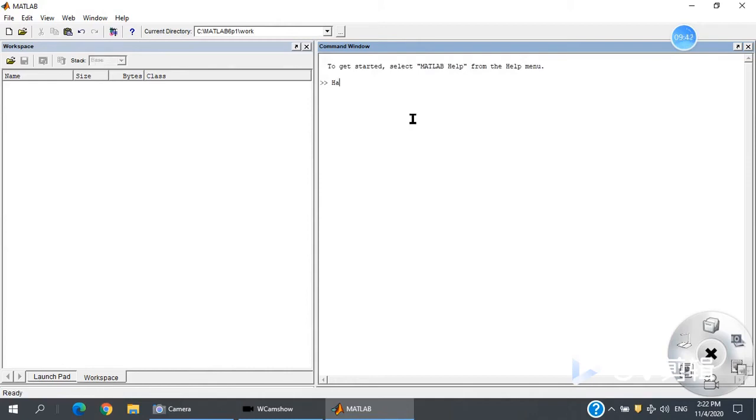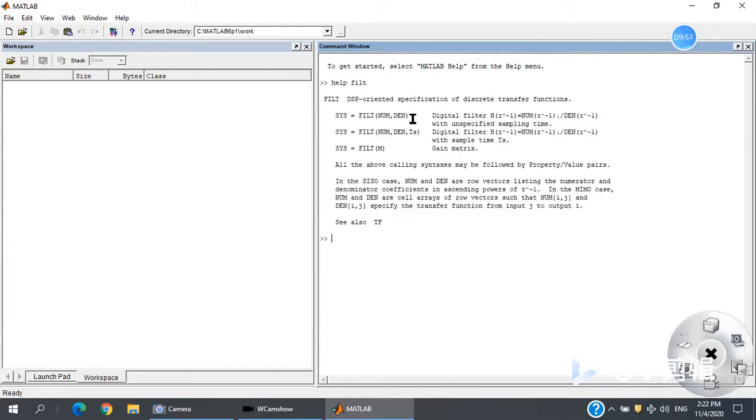All right, HA. This will be a filter. What filter? I forgot the style of filter. Numerator, denominator. Okay, just give numerator and denominator will be fine. Right? Just give like this.